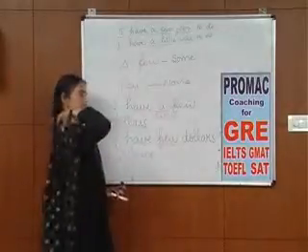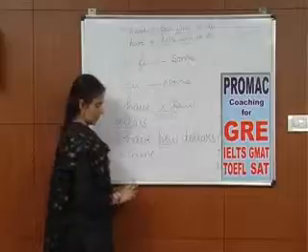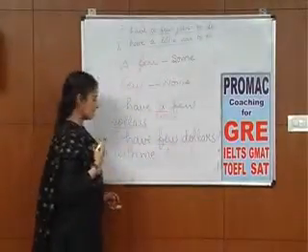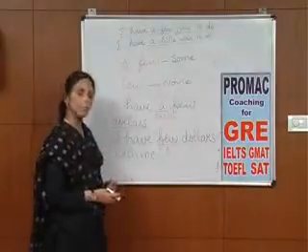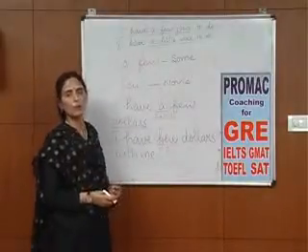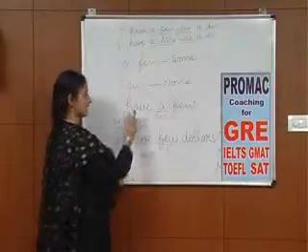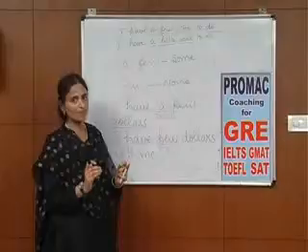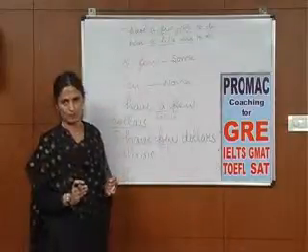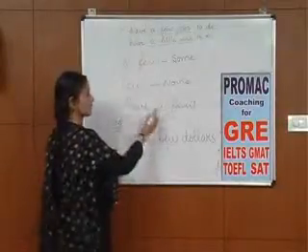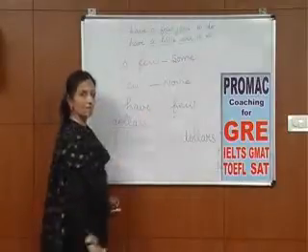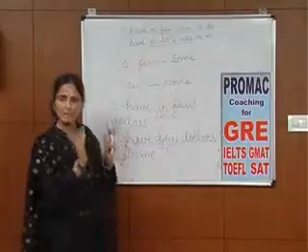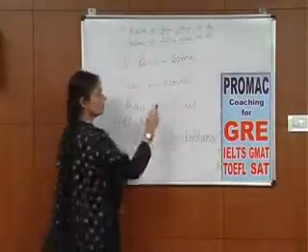So, when we do not have an article that precedes the word few, few means none. That means, I have few dollars with me would imply that I have no money with me. But when I say I have a few dollars with me, I mean that I have money, but it is not much. So that is the difference we have when we use an article and when we do not use an article, specifically with the word few.